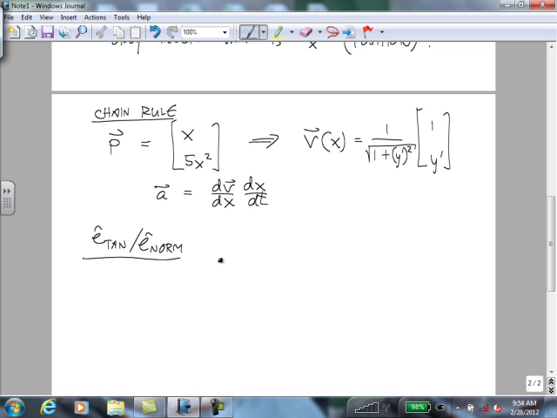So the tangential and normal components. We know that the acceleration vector is the time derivative of the speed in the tangential direction plus v squared over rho in the normal direction.